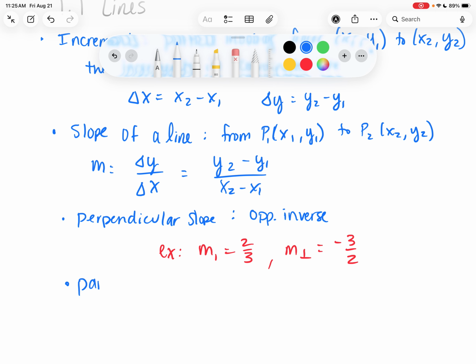The parallel slope is the same slope. So that would be M1 is equal to M2.